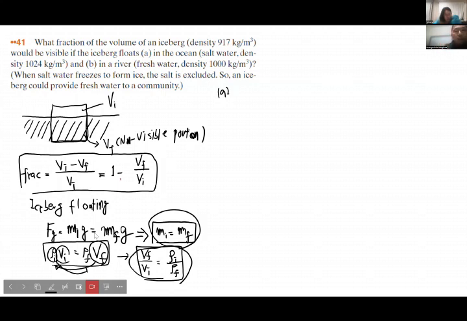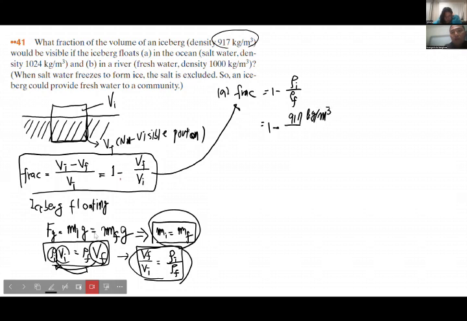If you replace that, then the fractional ratio, as I showed you before, is 1 minus rho iceberg over rho F. So that's 1 minus the iceberg density, 917 kilograms per cubic meter, divided by salty water, that is 1024 kilograms per cubic meter.